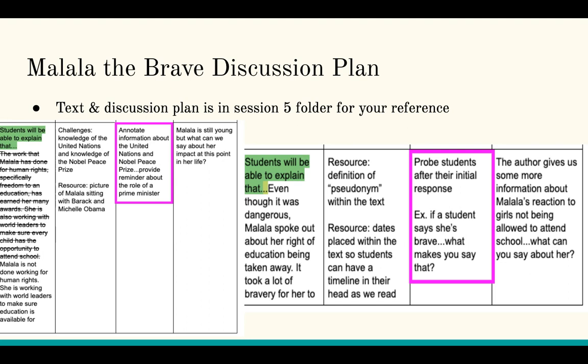Okay, so this is just some things to think about as you are planning your discussion and the type of teacher moves that you want. My entire discussion plan is in the Session 5 folder that you can look through and reference as you need.